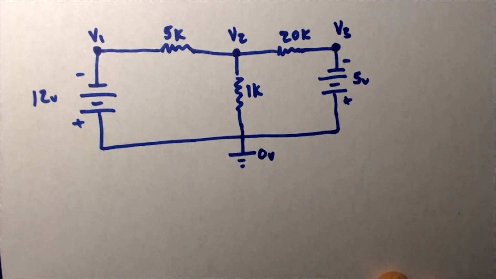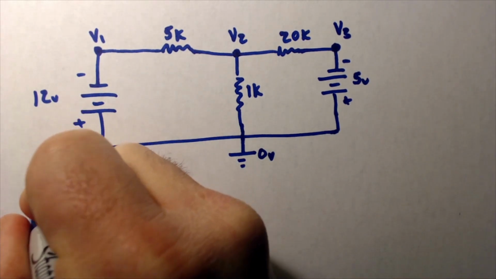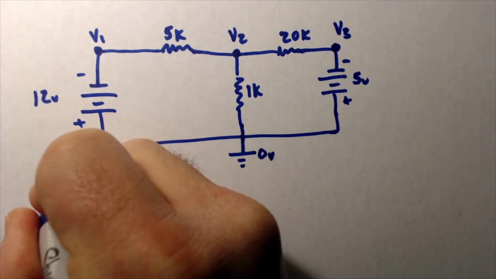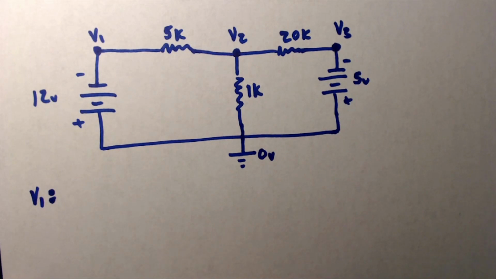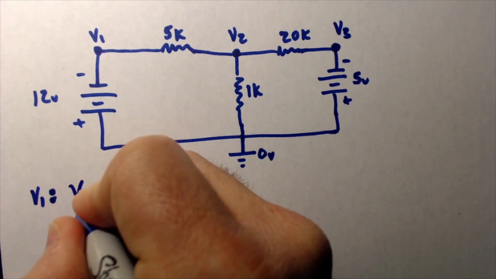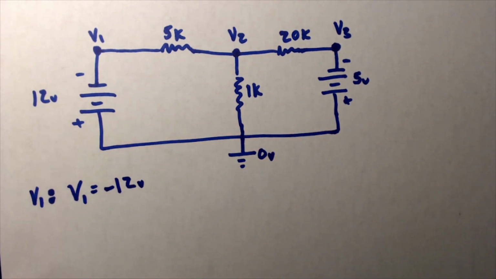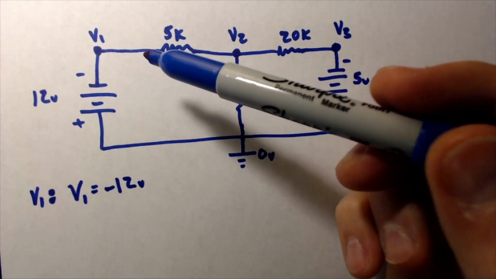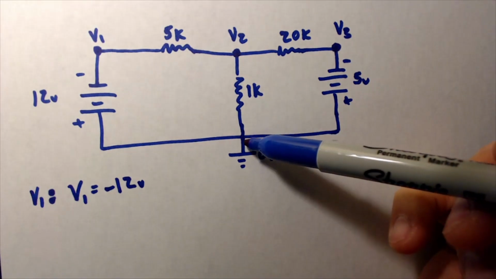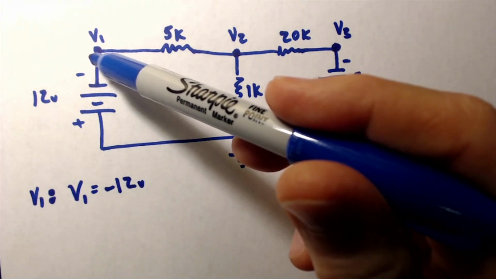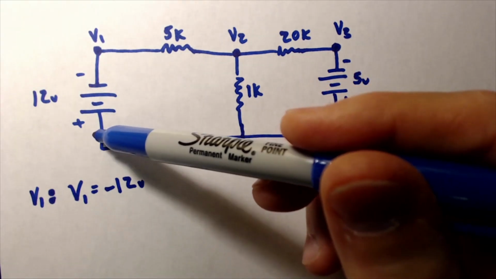Let's go ahead and write out our equations for each one of these non-reference nodes. For V1, V1 is equal to minus 12 volts. See that? Okay. So because this is 0 volts on this side, this must be 12 volts lower than this side, right? So it works both ways.